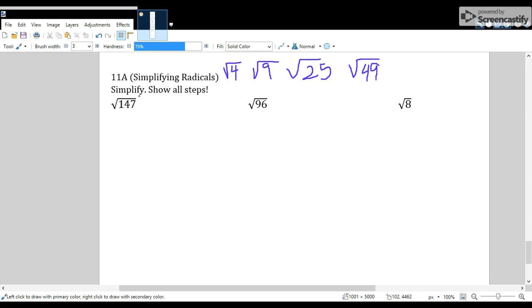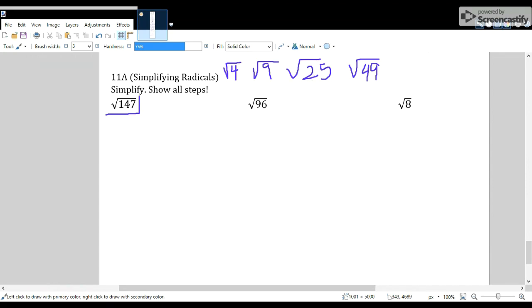So 147. Well, it's not an even number, so we can't do 4. 9? 7 plus 4 plus 1 is not divisible by 9, so that wouldn't work. 25 wouldn't work.